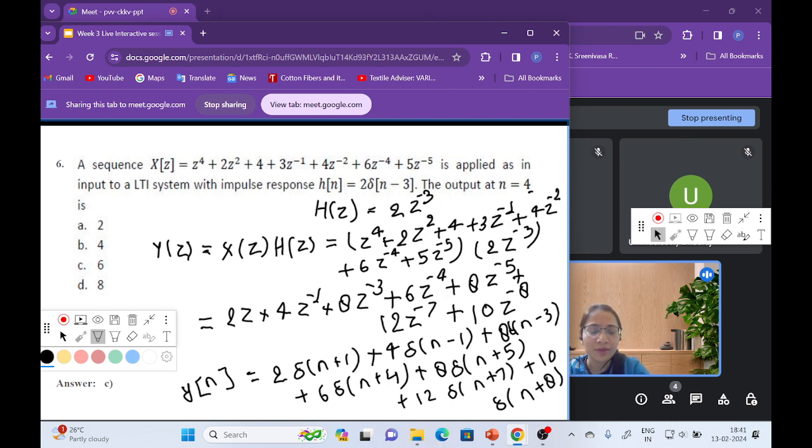So what will be the output at n is equal to 4? At n is equal to 4, the value is 6. So the correct answer is 6. The value at n is equal to 4 is 6, sorry.